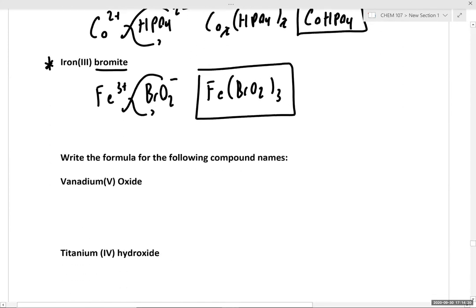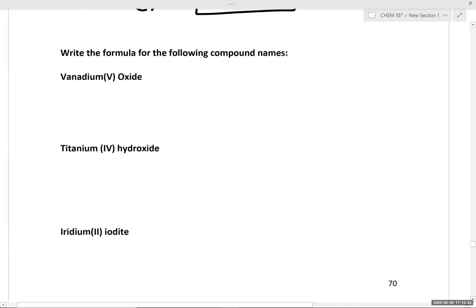So let's work on the next set of examples. I'd like you to provide a formula for the following compound names. Let's work on these 3 examples, and let's spend about 4 minutes on these 3 examples. And don't be shy to propose the formula for each of these compounds given the name. We'll work on these examples just as a follow-up now that we've seen some representative examples and we've had the opportunity to discuss problem solving for these types of problems.